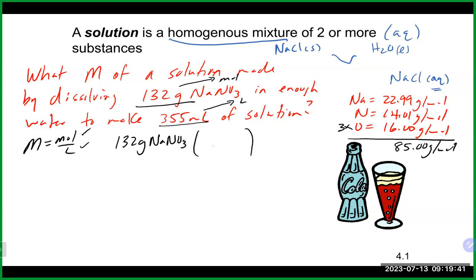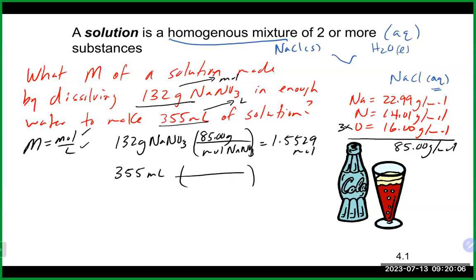We'll use the molar mass from the periodic table, which is our 85 grams per mole. And that's going to give us 132 divided by 85. Looks like maybe 1.5529 moles here.